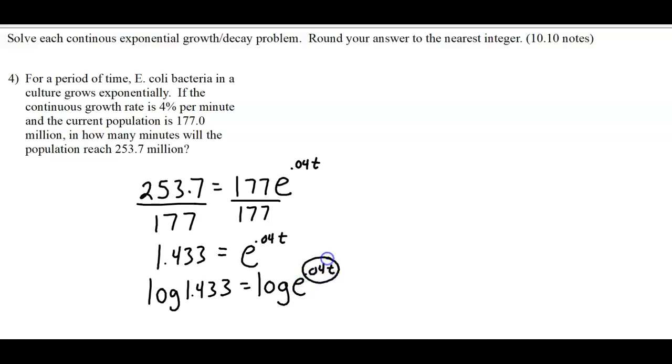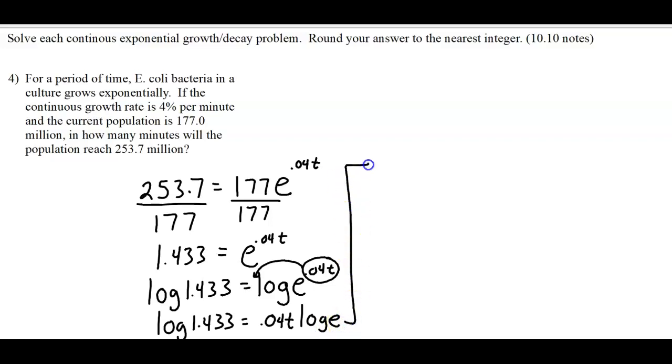Next, we'll go ahead and log both sides. Next, I'm going to use the property of logs where I can put that 0.04 in the front. Next, I'm going to divide both sides by log e.